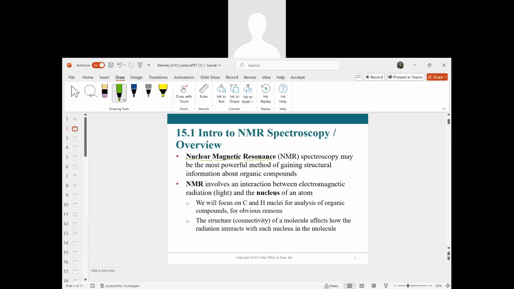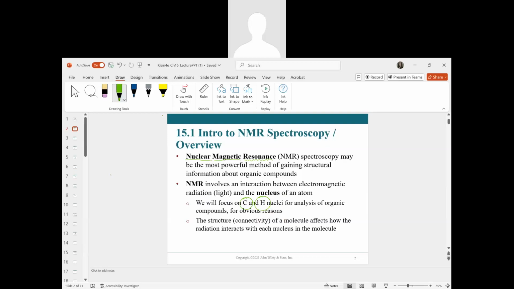From that, we can actually see more detail as far as the carbon or the hydrogen nuclei that are present in an organic compound. This will be our focus for this semester with NMR spectroscopy, but there are other types of nuclei that can be responsive, and we'll talk about what the requirements are.